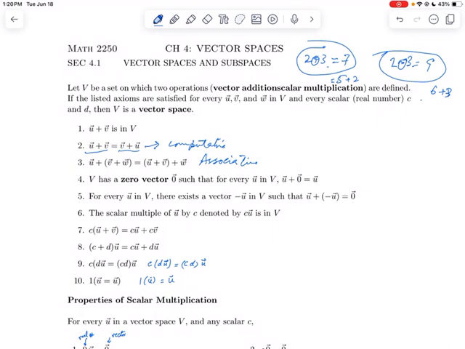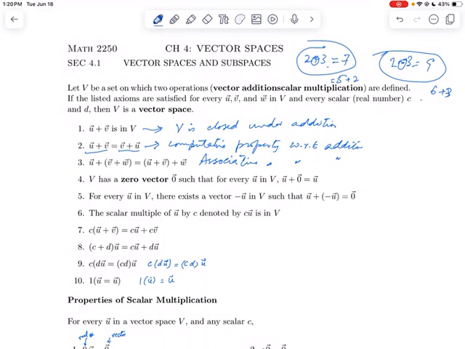And if this happens, we say V is closed under addition. So any two vectors you pick, and you add them, and the result is inside the set, then we say the set is closed under addition.